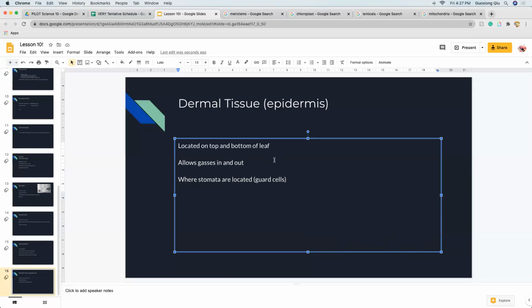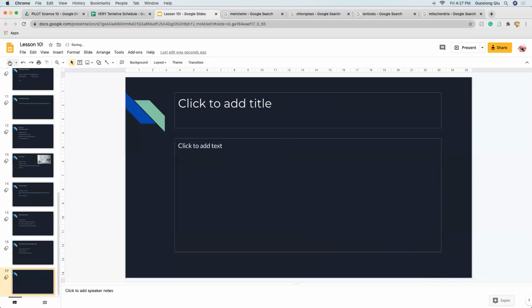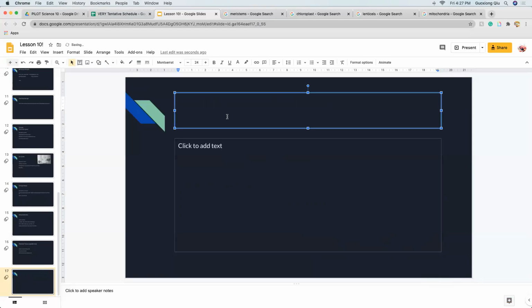And again, guard cells control the opening and closing of the stoma. We can move on from this. Simple information. Now, we talk more about the guard cells.